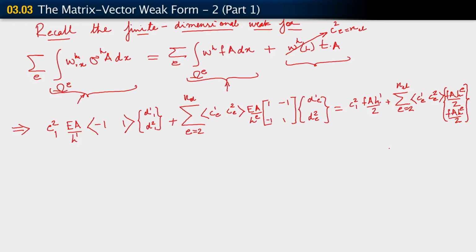So, the term that we add on here is C2 for the very last element times the data T, which is the Neumann condition on the traction, times the area. This is it, really. This is a nice compact representation of our finite dimensional weak form. This is everything.